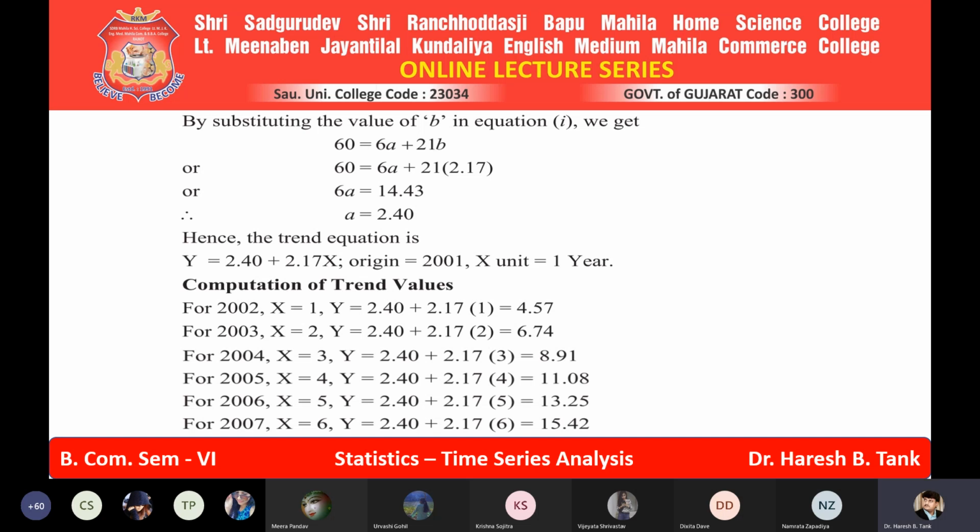Now this 6.74 is to be written in the column against 2003. Do the same thing for 2004, 2005, 2006 and 2007. And make sure that you are getting the values which are shown here. Calculate it for 2004. What are the values which you are getting?